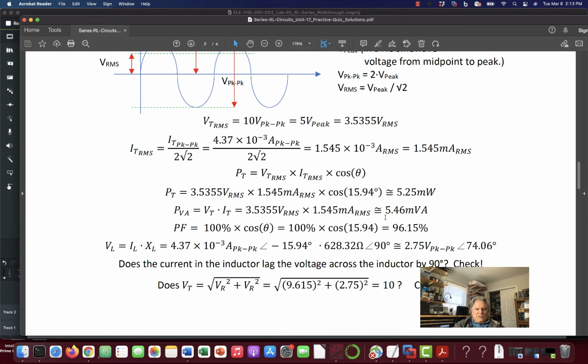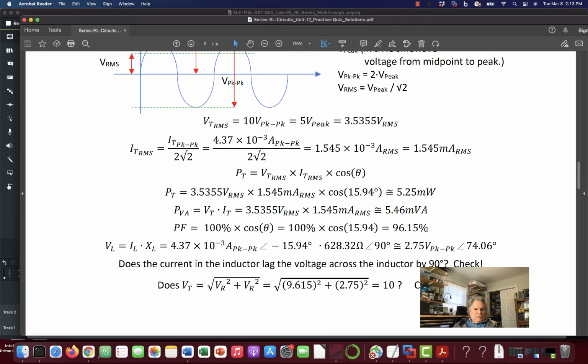And the power factor is the cosine of the angle times 100%, so it comes out to 96.15%. The closer you are to 100%, the more of your power is going to real work and doing something. And the power company likes that.